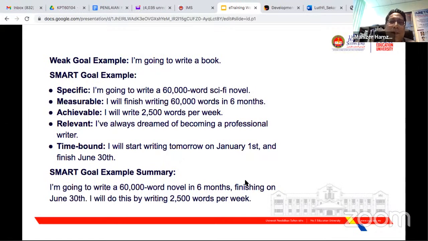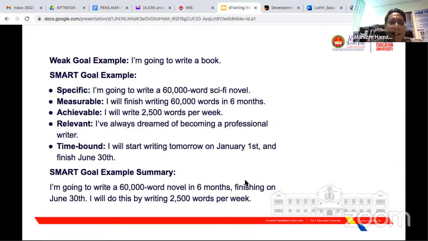So when we use the SMART goal example, for specific, I'm going to write more specifically: not only a book, but a 60,000-word scientific novel, for example. So more specific, you know the thickness of the book, how many pages you have to write.